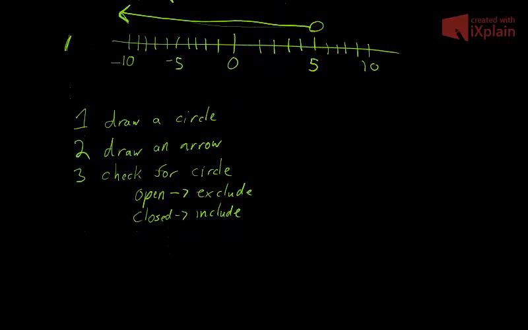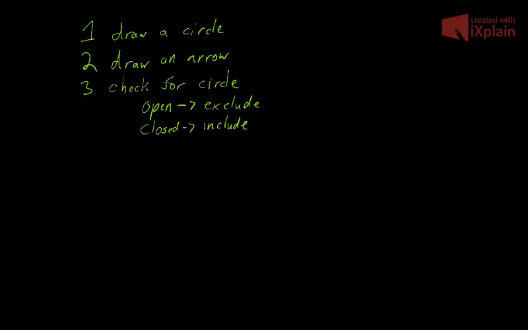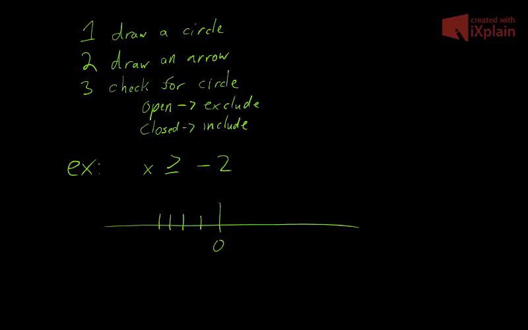We'll try one or two more just so you can see what this looks like. Another example is x is greater than or equal to negative 2. I'm going to draw my number line with 0, negative 5, and 5. I'm going to start by thinking x equals negative 2, so I draw my circle at negative 2 right here.